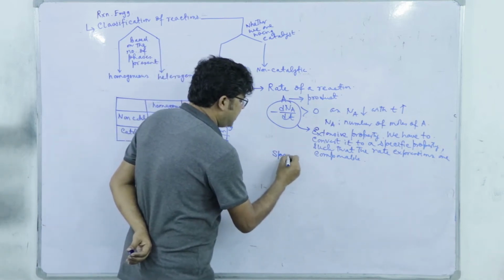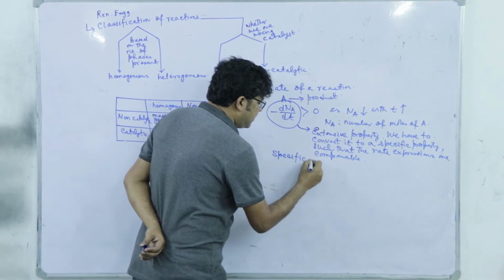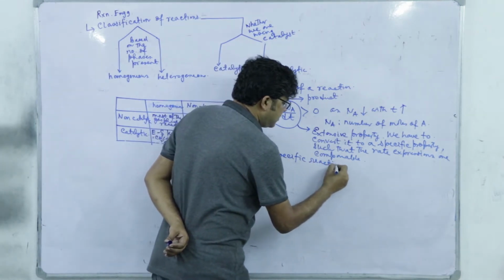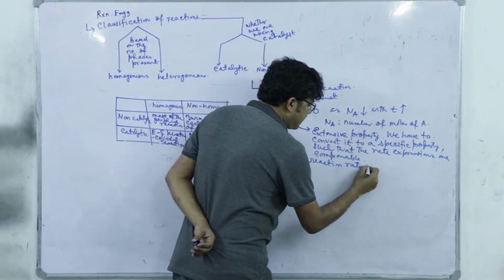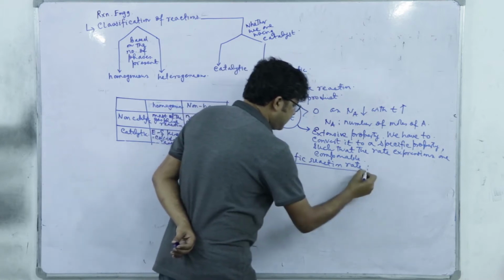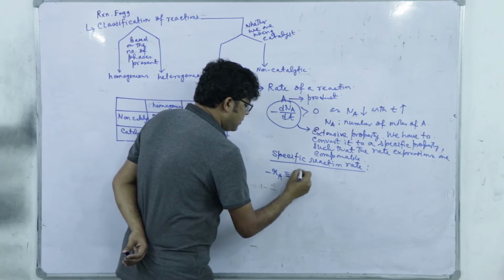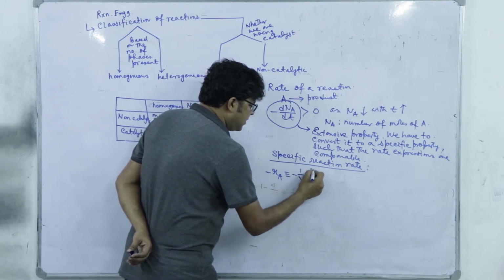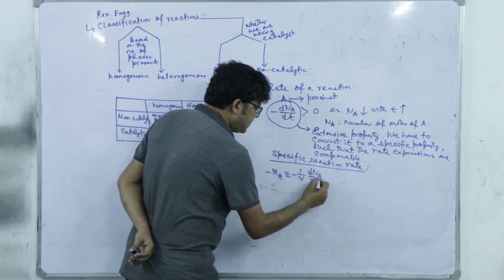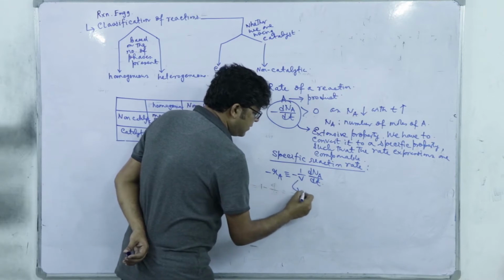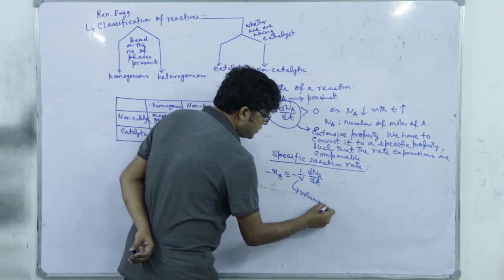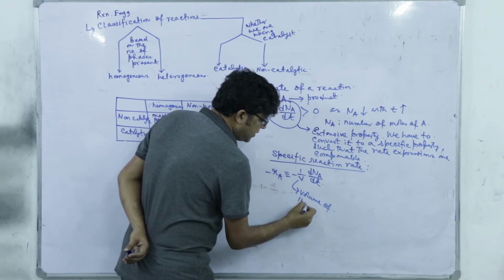So, this gives the idea of specific reaction rate: minus Ra equals minus 1/V dNA/dt, where V is the volume of the reactant.